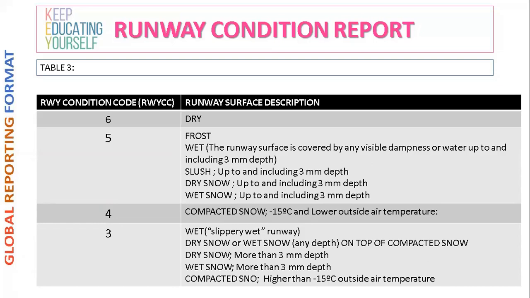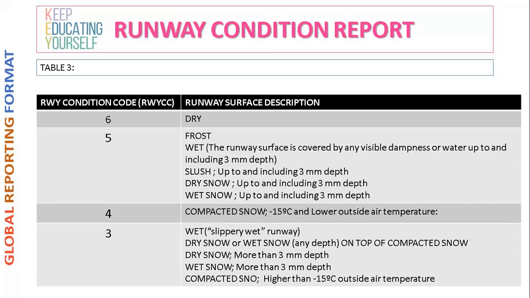If it is frost, wet, but wet includes up to 3 mm depth. Slush is also up to 3 mm of depth. Dry snow and wet snow, up to 3 mm of depth. These are under runway condition code 5.